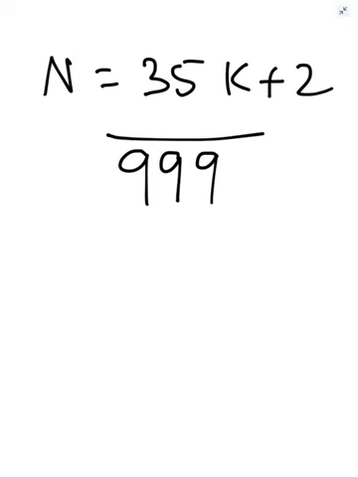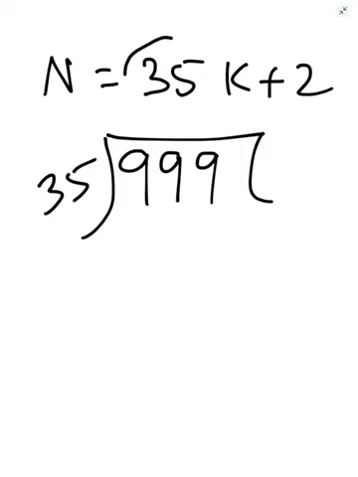So what I will do, I will divide it by 35, because in this equation it is a multiple of 35k plus 2. So it should be multiple of 35 and plus 2. So I will divide 999 by 35.